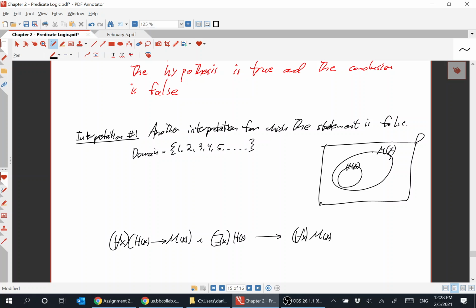Pick your favorite subset of the integers, besides the even ones. We did that already. Pick your favorite subset of the positive integers.